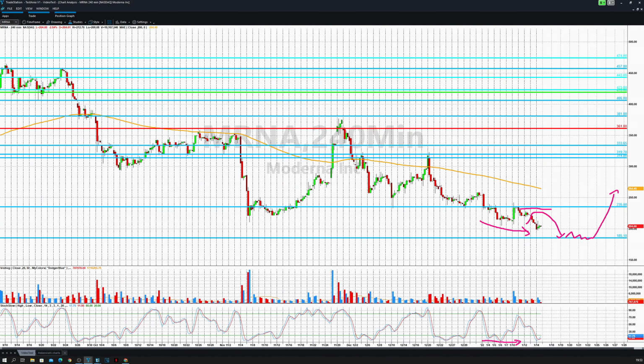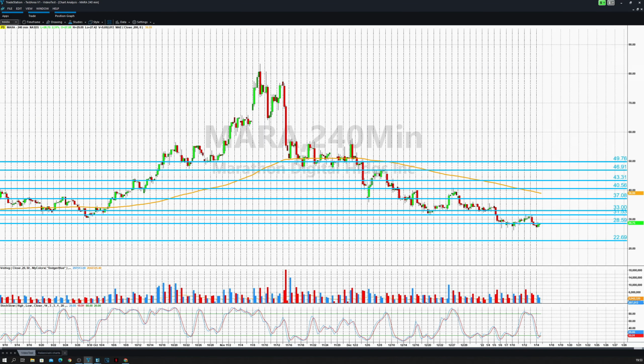So this is MRNA. What else do we usually talk about? Let's talk Mara. Let's hope. With Mara again, a very long time in the downtrend. The key target is 22.670s. It seems that it has a bounce area.